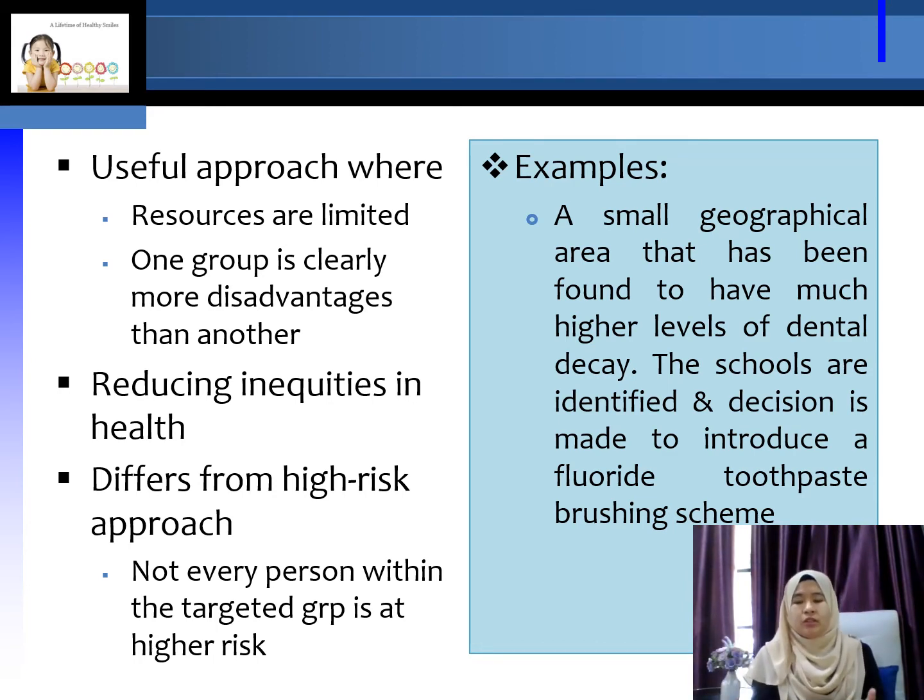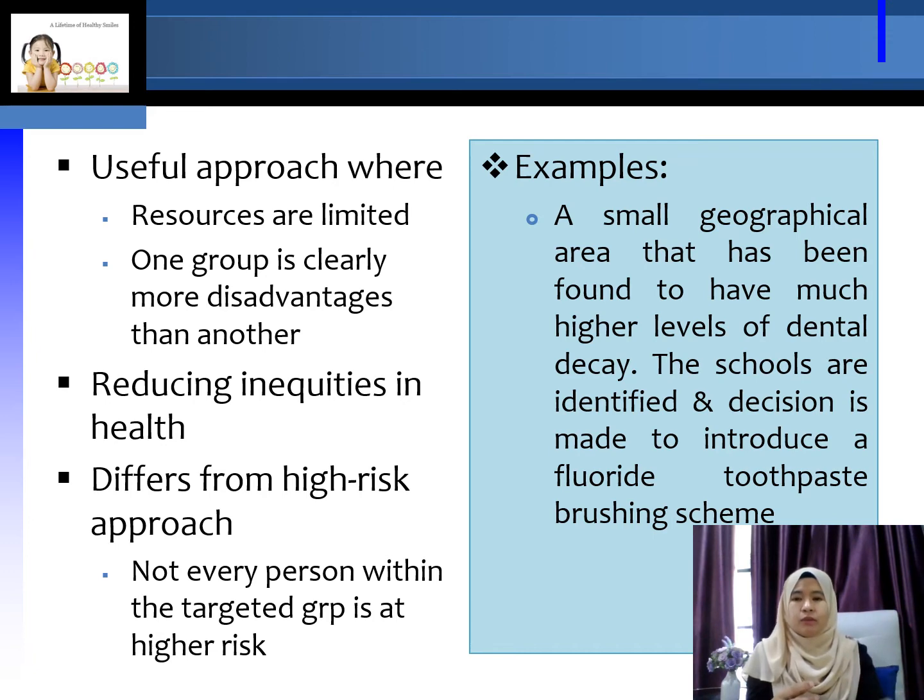Because not every person within the targeted group is at higher risk. For example, maybe we go to one area, and we find that it has a much higher level of dental decay.